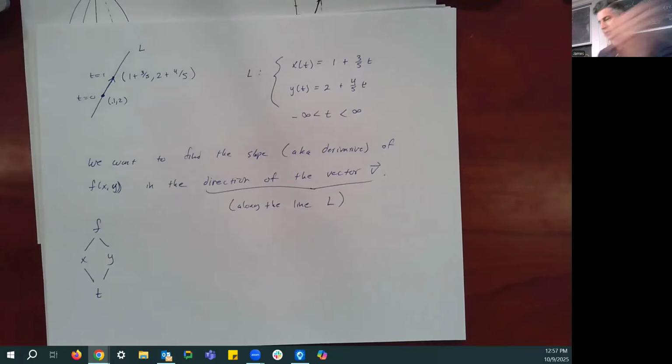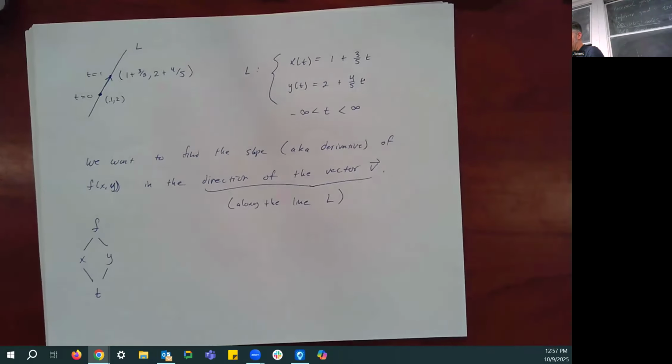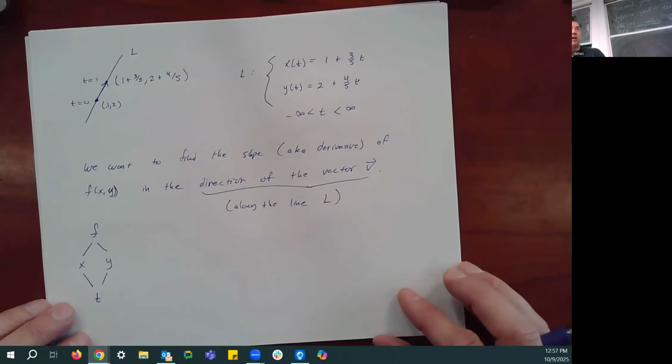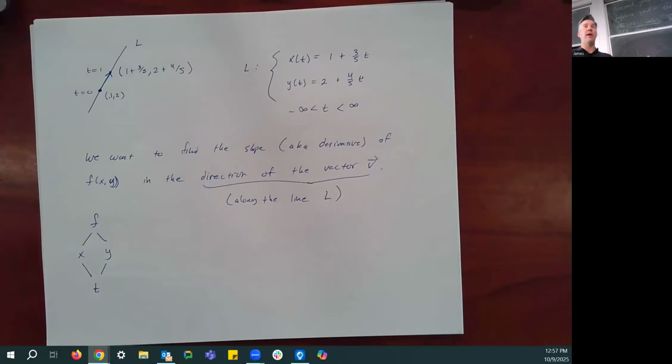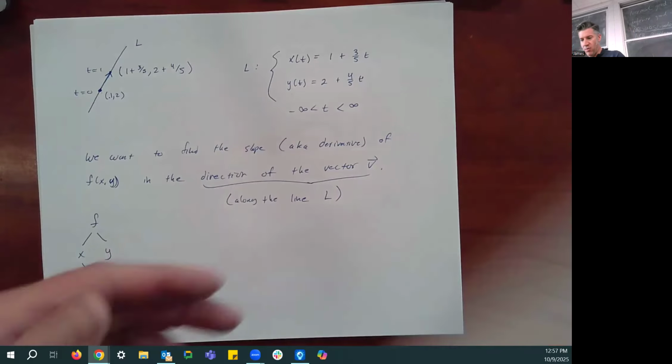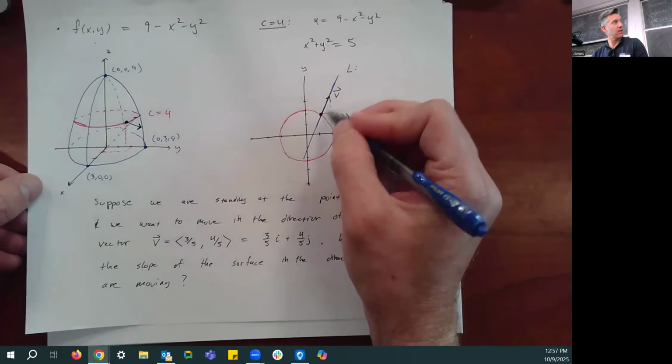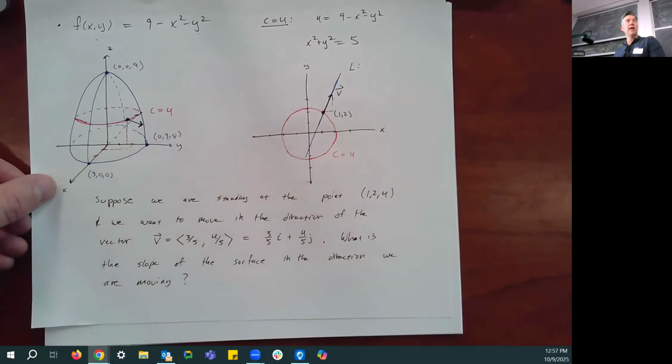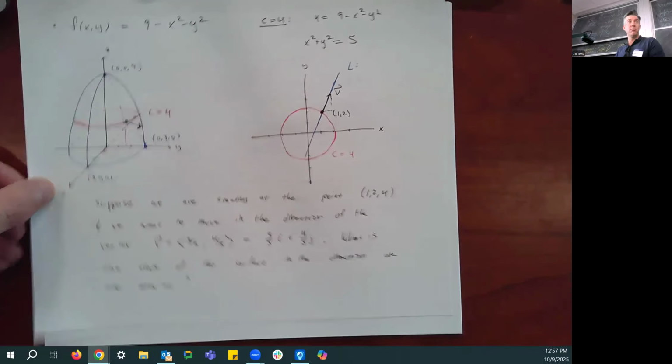All right, so check this out. We're now going to find the thing we asked ourselves to find. We're going to find the slope, aka the derivative of the function f, by taking the derivative of f with respect to t. Because we're asking, as t increases, as you move in this direction, what's our slope?